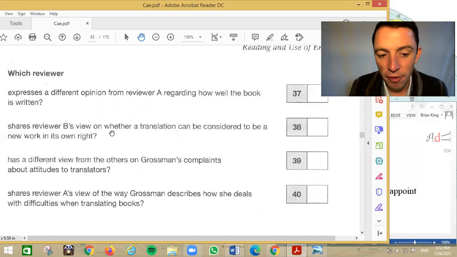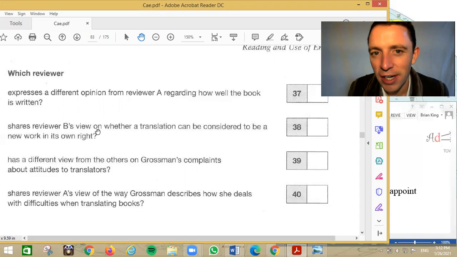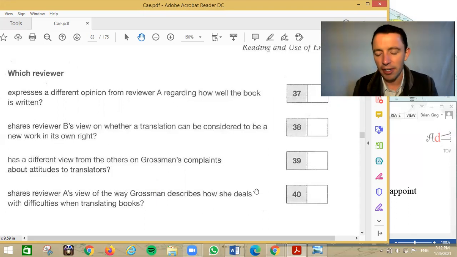Okay, so first, whether has the significance of if. So shares the view, the vista, the opinion. On is sobre. So here the preposition on is sobre, about. Whether, if a translation can be considered to be a new work in its own right. Okay, so in its own right, en su propio derecho. Okay, so very, very difficult.